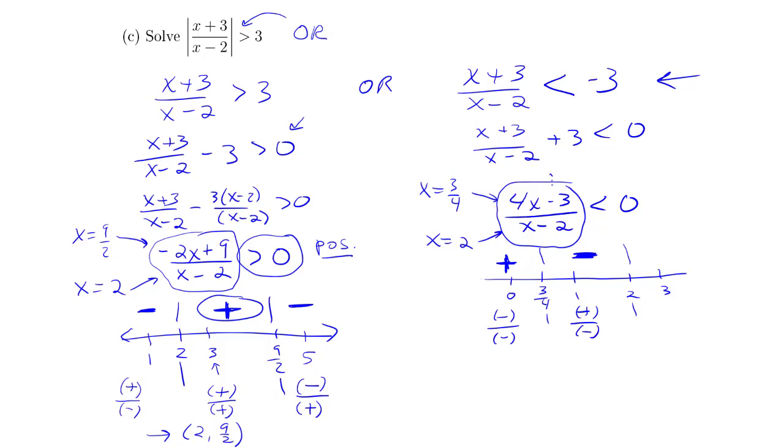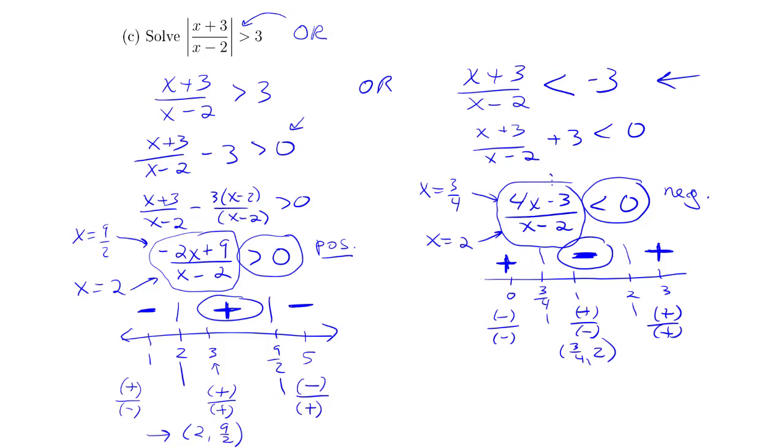If I put 3 in, I'll get a positive over a positive, so positive there. Now we go back. What did we want? We wanted less than 0. We wanted anywhere it's negative. That's in here. So that would be between 3/4 and 2.